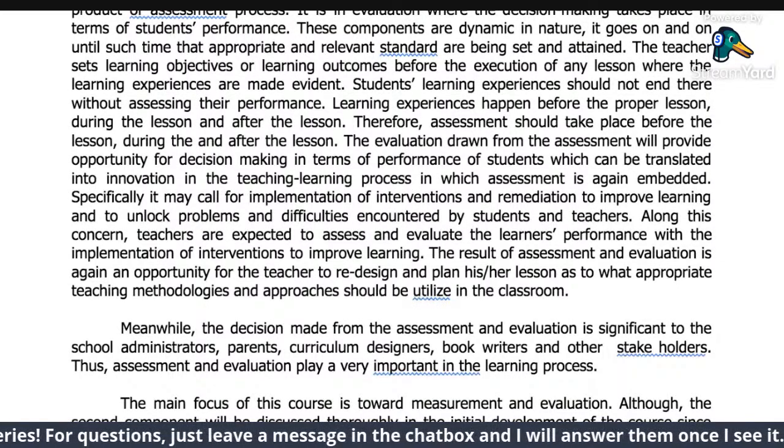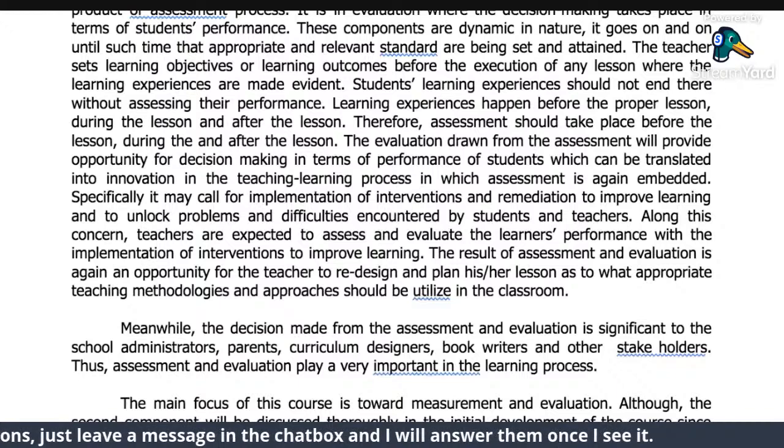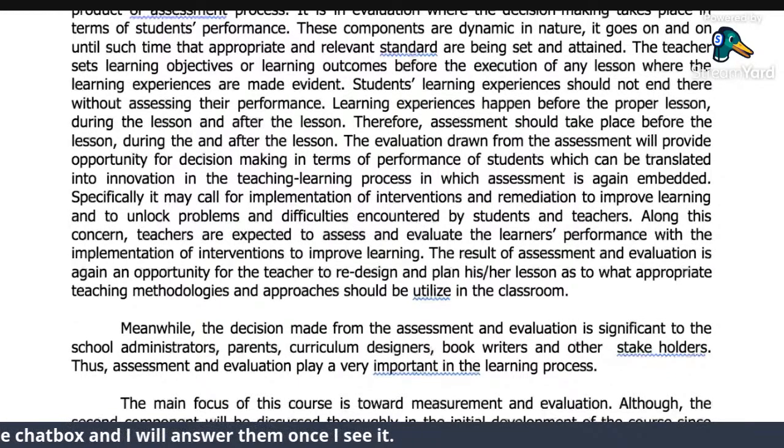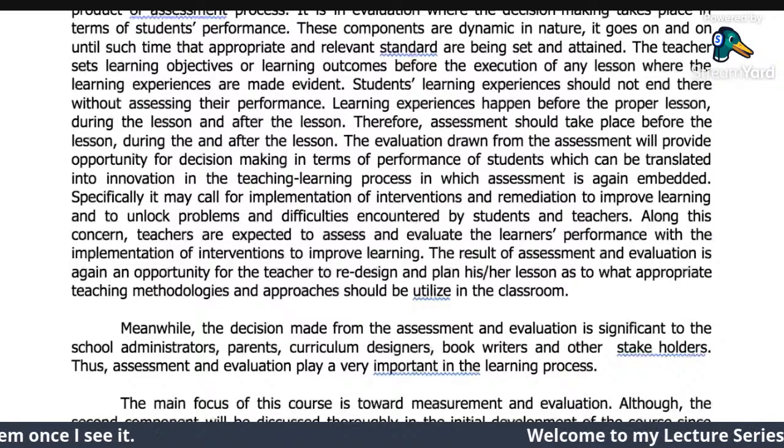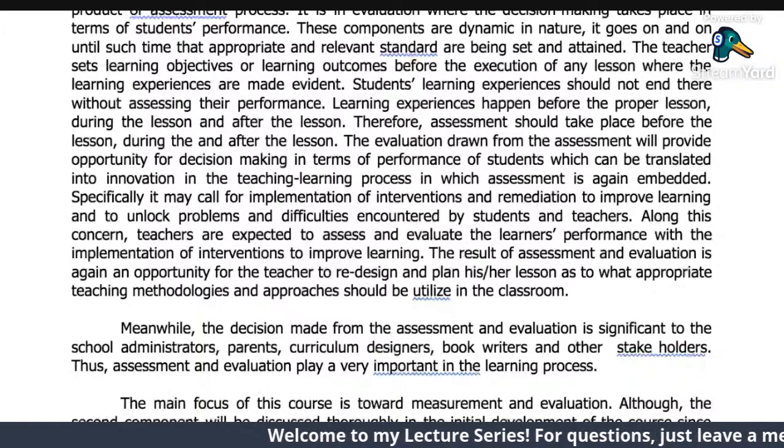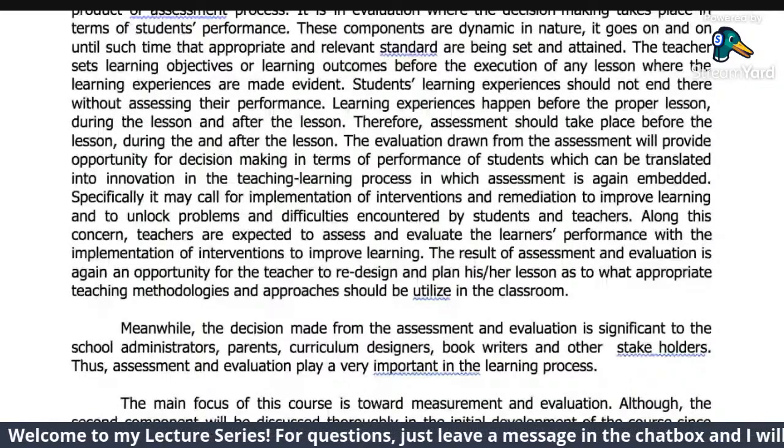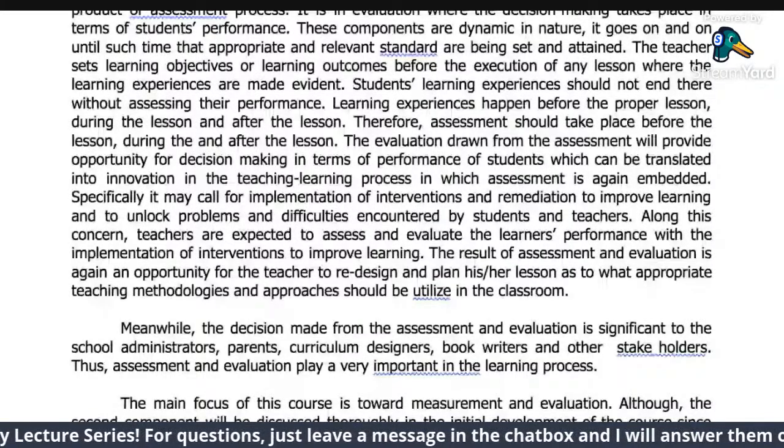The students' learning experiences should not end there without assessing their performance. So learning experiences happen before the proper lesson, during, and after the lesson. Same is true with assessment. We assess before, we assess during, and we assess after.